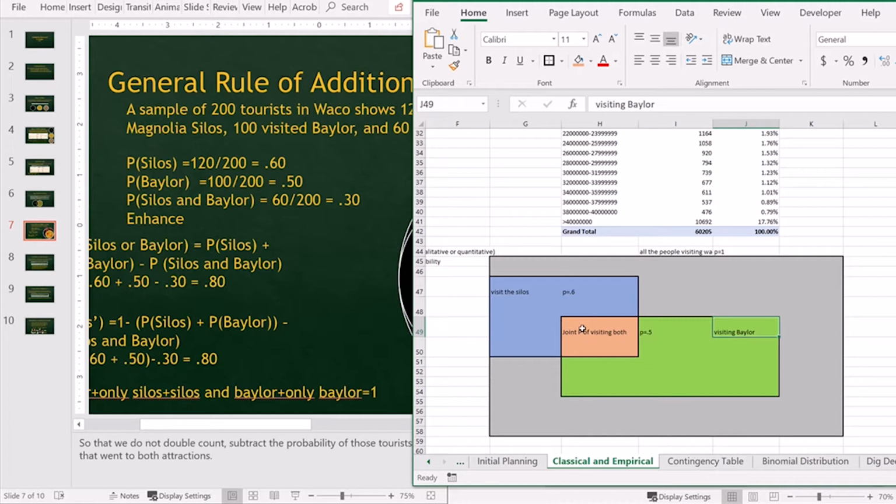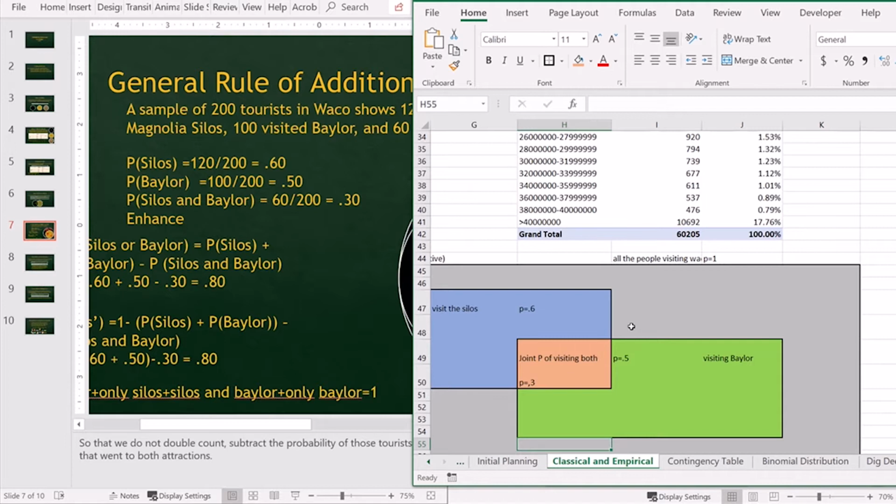And the reason why, all that you've got to do is if they are completely independent, if you want to know the probability of them doing both, all that you have to do is multiply them together. So the probability of them doing both is going to equal 0.3. So that's the probability of both.